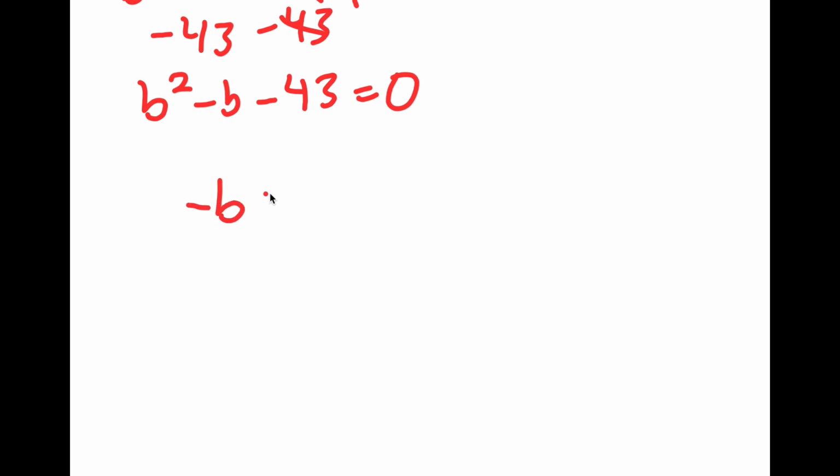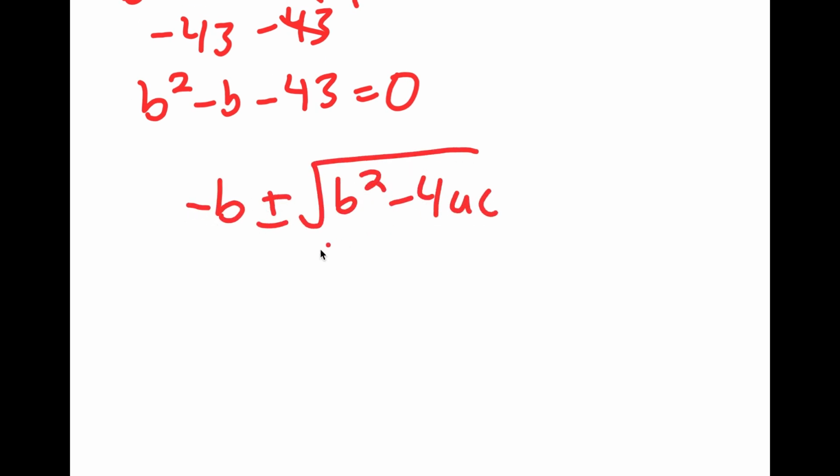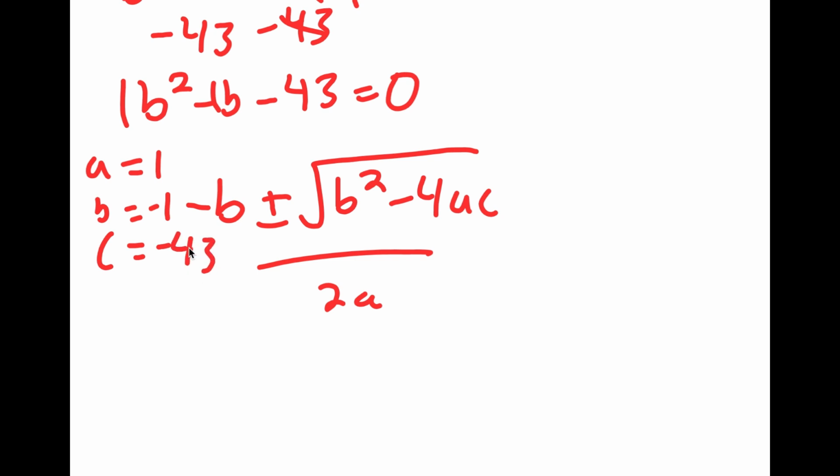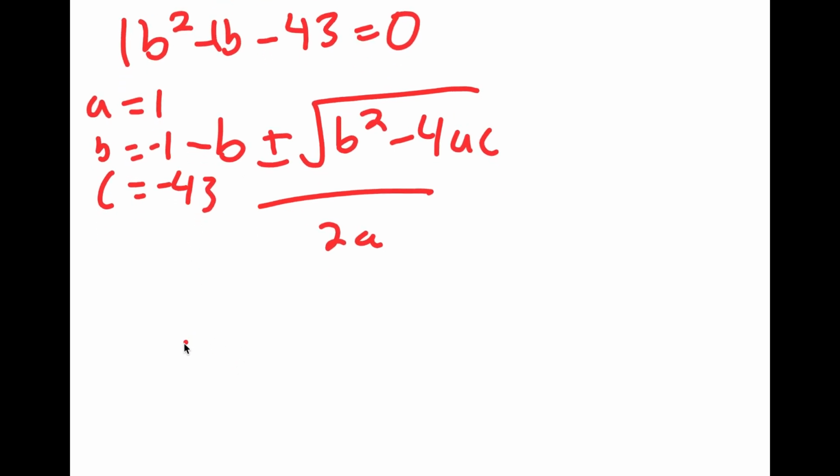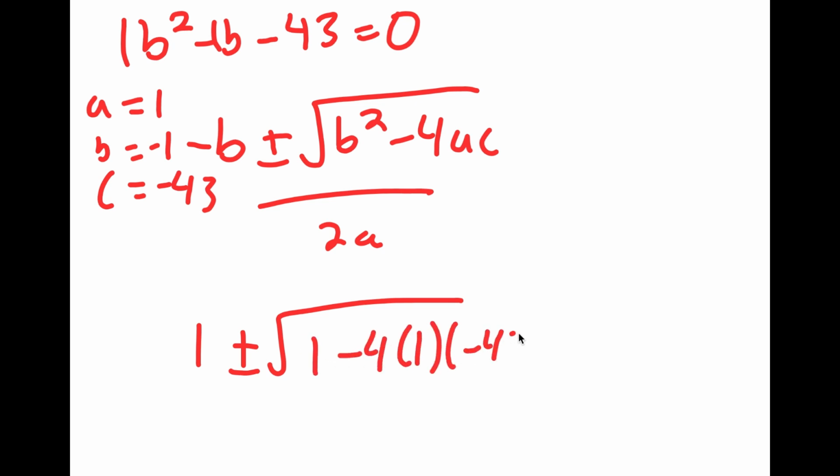And if I put this in the quadratic formula, in this case, a is 1, b is negative 1, and c is negative 43. So I get positive 1 plus or minus the square root of 1 minus 4 times 1 times negative 43 all over 2a.